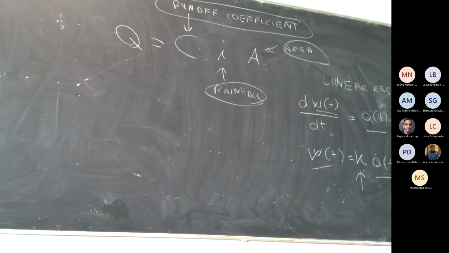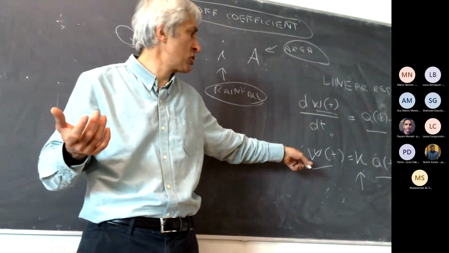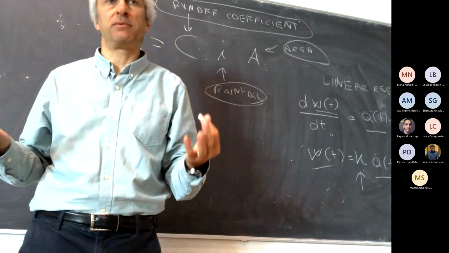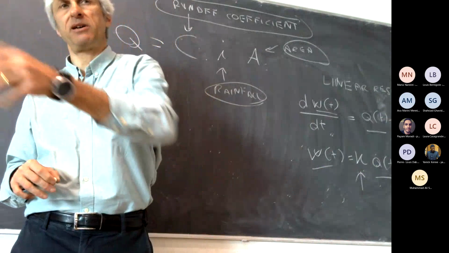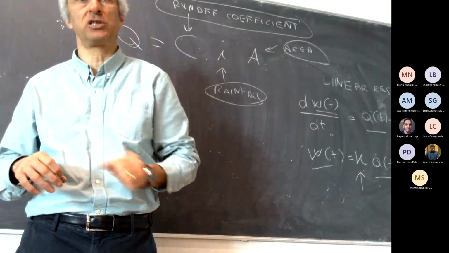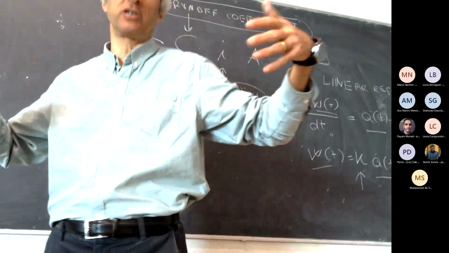What about K? K is a coefficient. It has the dimension of a time. If you make a dimensional analysis here, it's a time. Some authors have proved, and it is mentioned in my web pages, that K is close to the time of concentration of the catchment.